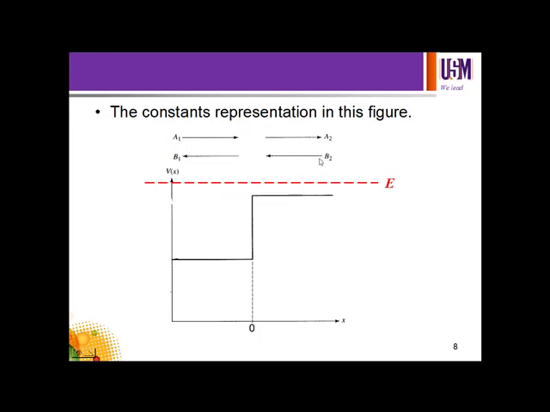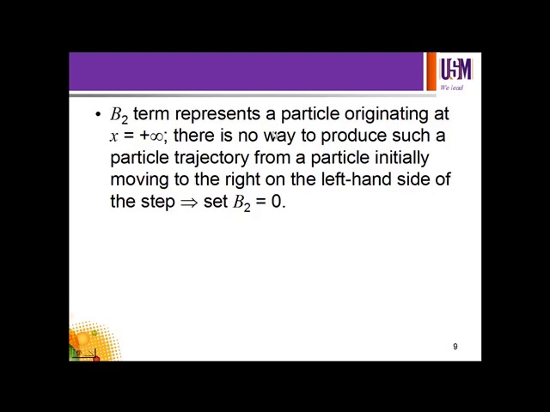B2 is a wave moving to the left from the right. But in our case, the wave or the particle is from the left to the right, not from the right to the left. Therefore, there is no particle originating from positive infinity. There is no way to produce such a particle trajectory from a particle initially moving to the right on the left-hand side of the step. So, set B2 to 0.